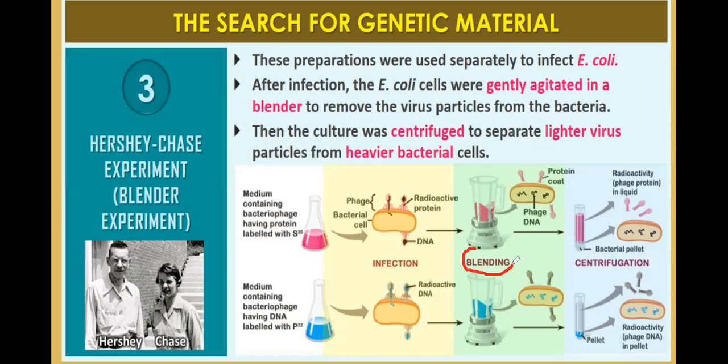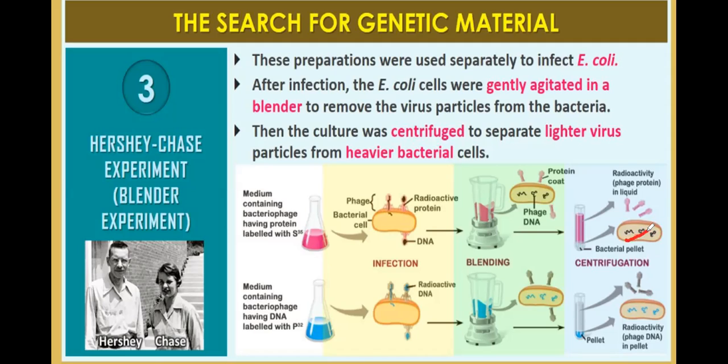Then blending was done. Because of blending, the virus as well as bacteria were separated. Radioactive phage protein was in the liquid. So that lighter part where this protein was, this radioactive phage protein is in liquid, but in the bacterial pellet there was no radioactivity.